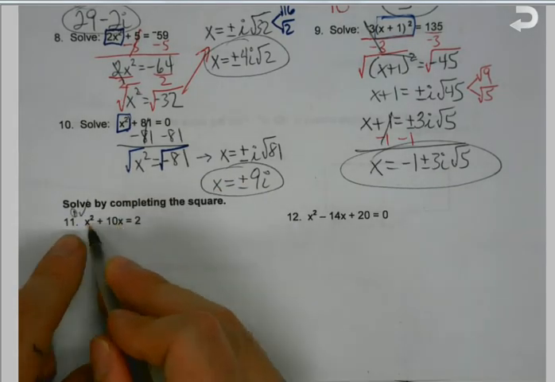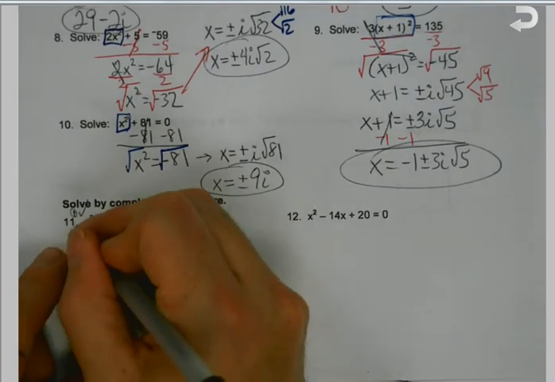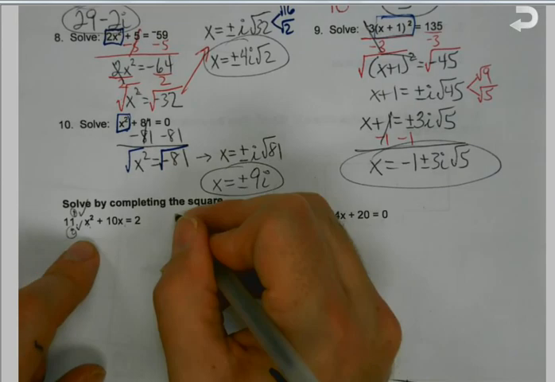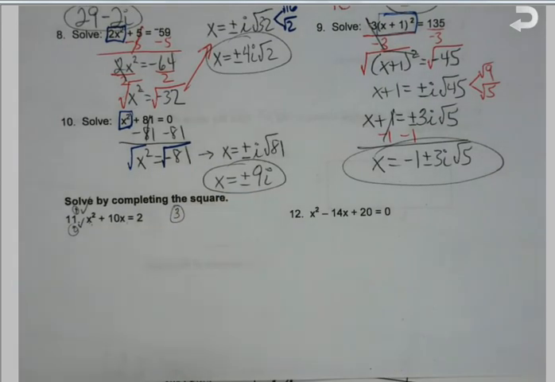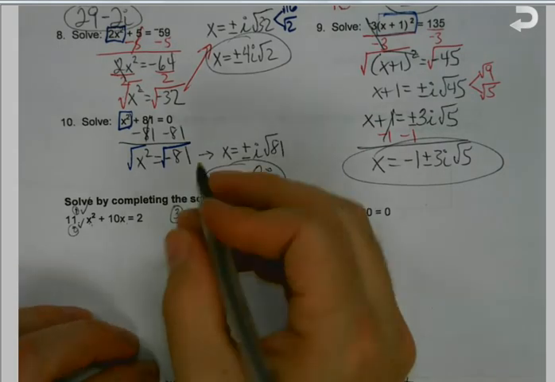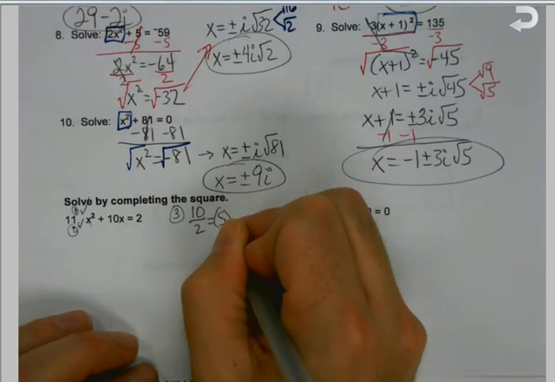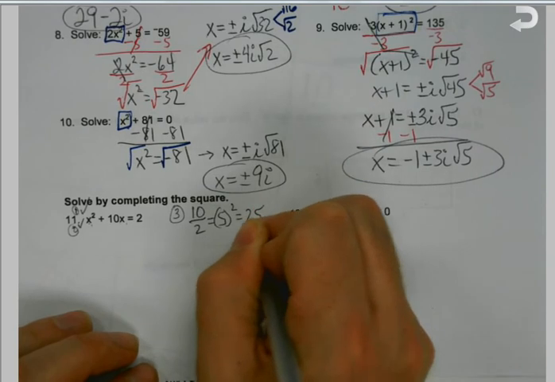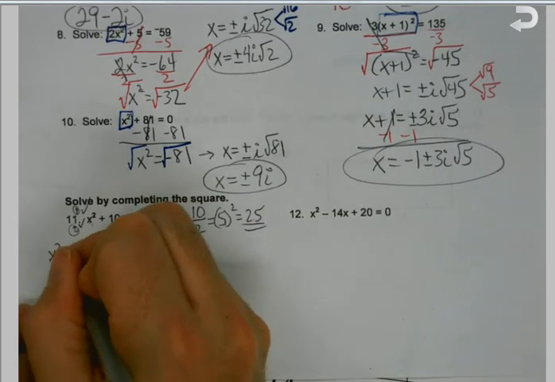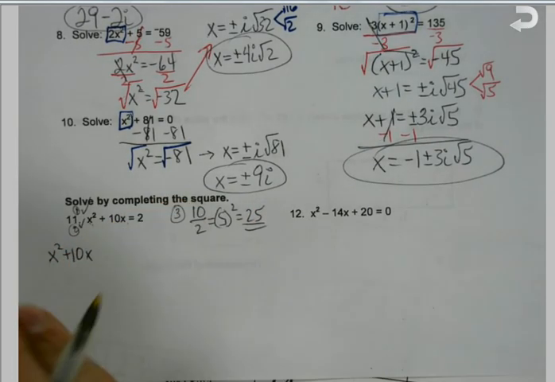Get your x terms isolated on a side by themselves, done. Step 2, check. What is step 3? Okay, take your b, divide it by 2, then square it. That's the value I'm going to be adding to each side.